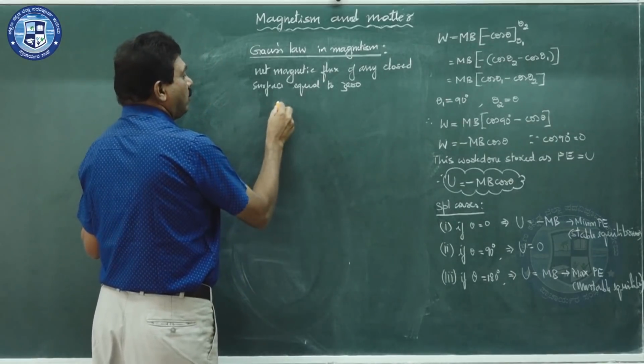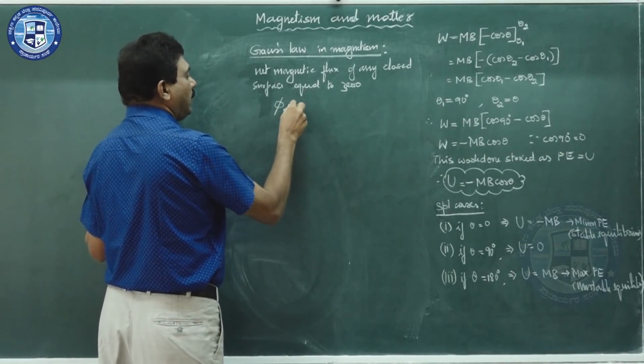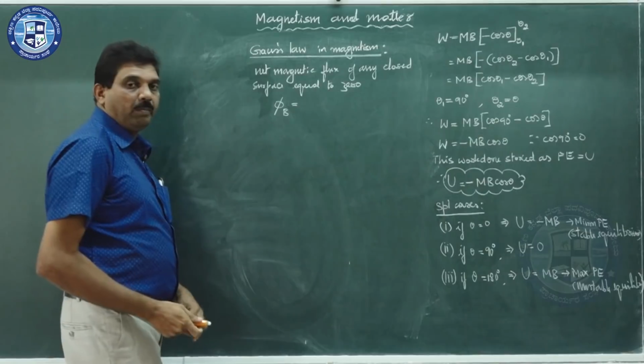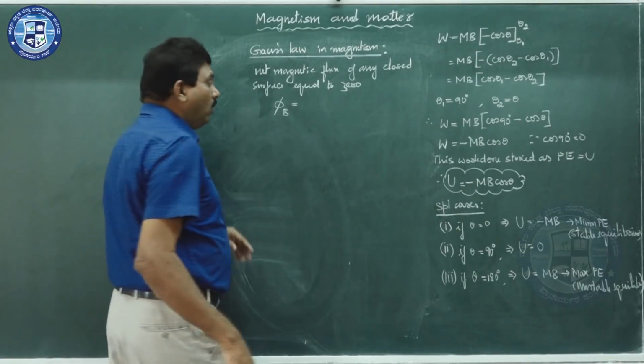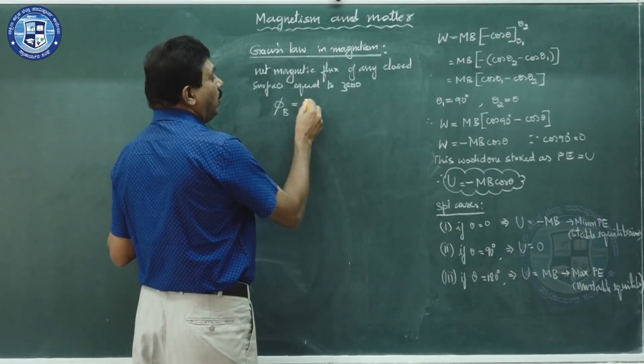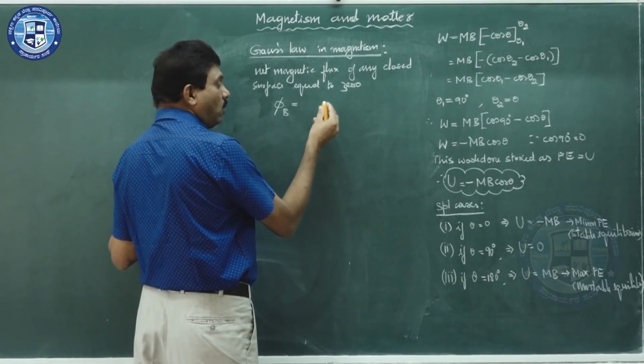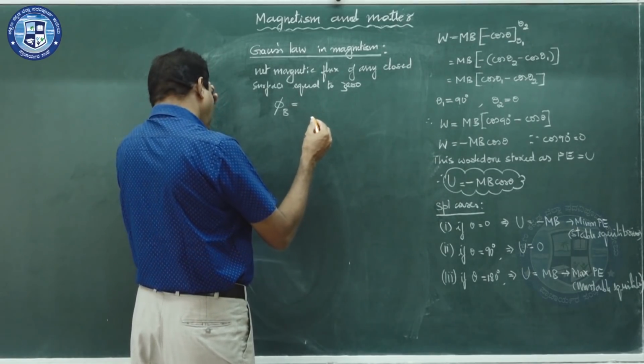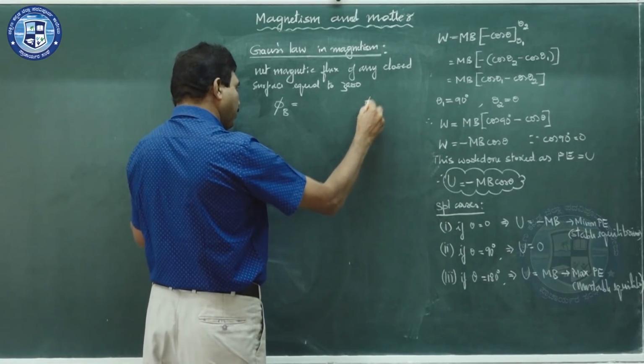Magnetic flux, as you studied earlier, is denoted by phi B. So it is equal to 0 for any closed surface. What is the formula for magnetic flux? You already studied.